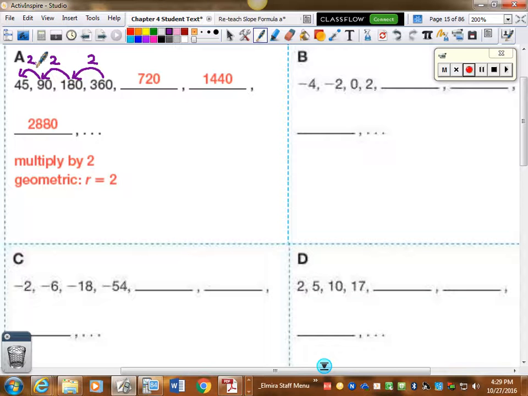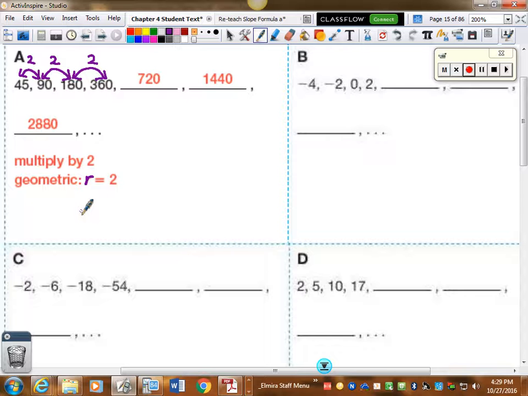So because division worked going backwards, then multiplication by 2 will work going forwards. 45 times 2 is 90. 90 times 2 is 180. 180 times 2 is 360. So we figured out the pattern is multiply by 2. Multiply patterns are geometric patterns. The number you multiply by is your common ratio, your R.